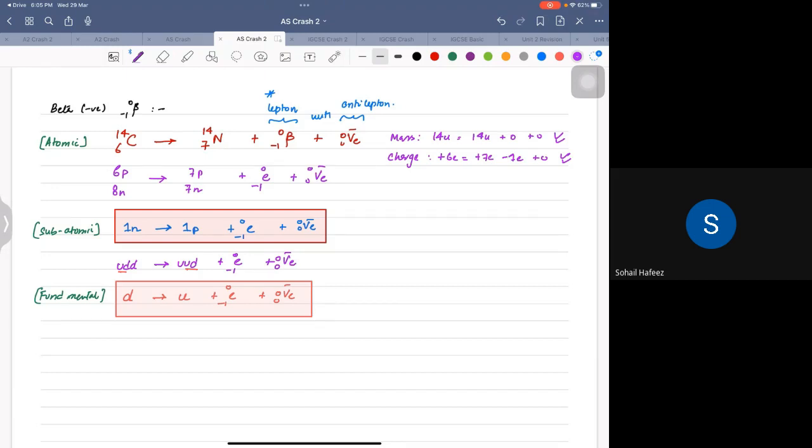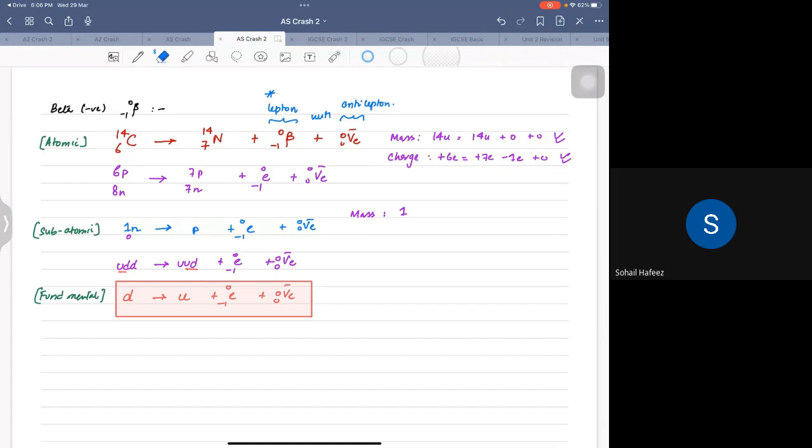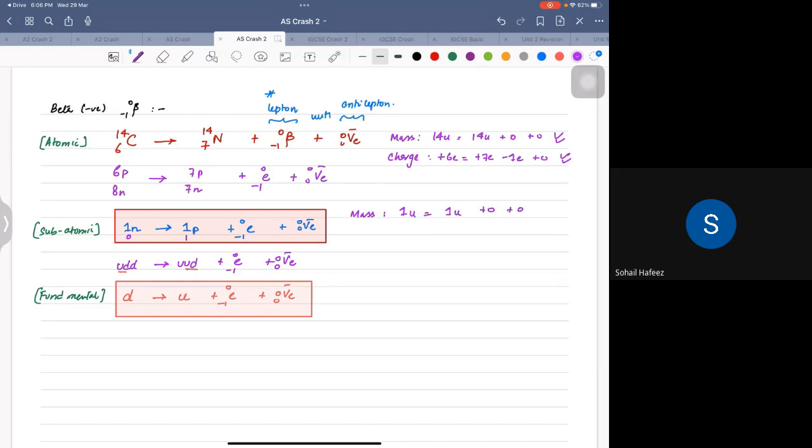Then for this one, let's check the mass. Neutron can be written as mass 1, charge 0, and the proton as mass 1, charge 1. The electron and neutrino have no mass, so 1 and 1 are conserved. For charge, it is 0 on one side; on the other, 1e plus negative 1e plus 0.